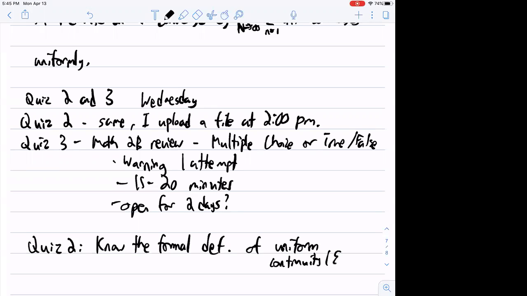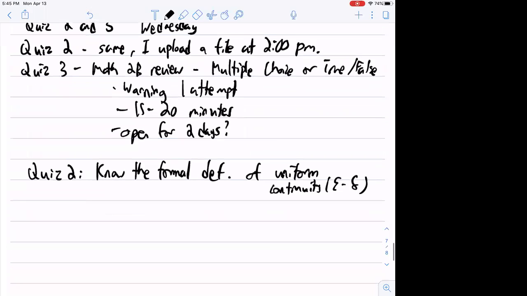By formal, I mean epsilon delta, right? You basically have it from your homework. And also know the epsilon delta definitions for limits in general.